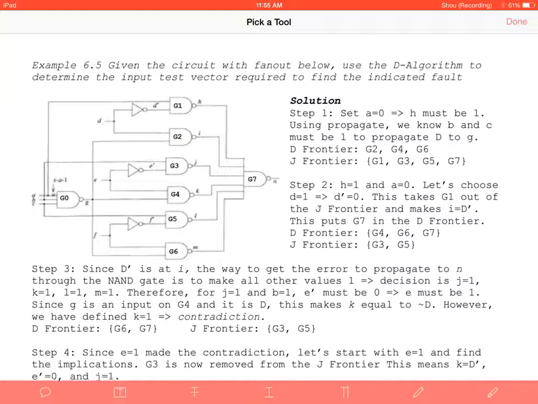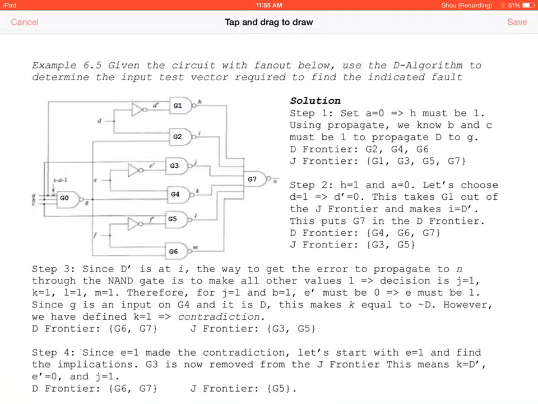So now we have 1 and D bar, and we know that D bar is here. So that means that G2 is out of our D frontier, but now that we've propagated an error to the input here, our D frontier contains G7. And since we took these errors out, we've now reduced our J frontier to G3 and G5.